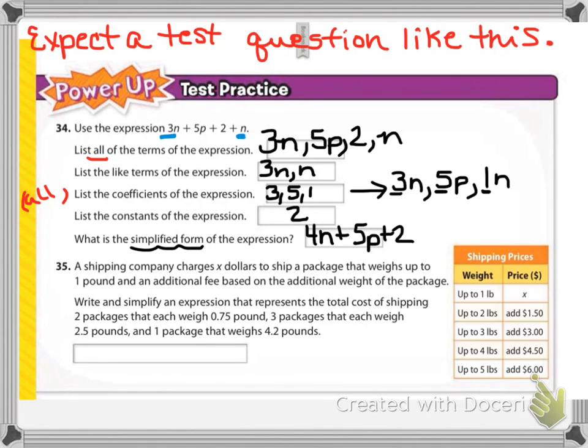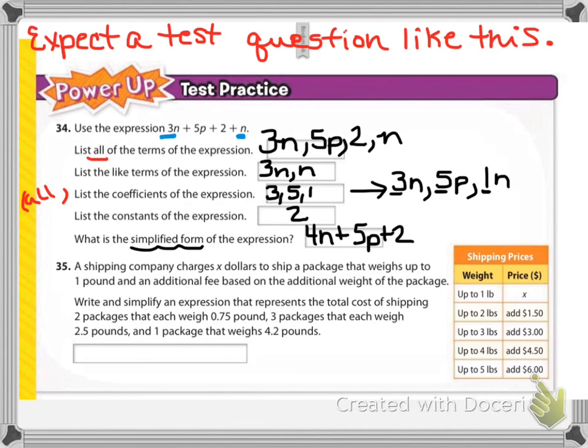Okay, please check your answers and make sure you have everything listed. Notice it says list all of the terms. If you're missing one, it would be incorrect. List the like terms. It's only the variables in this case. Notice tricky, the coefficients. You need to list all of the coefficients.